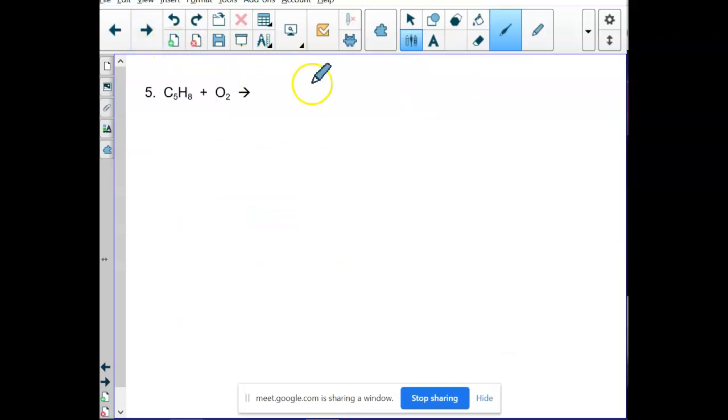Okay, number 5 then. Number 5 is the first time we've run into this kind. We haven't mentioned combustion. This is a combustion. There's nothing really to use on the chart for combustion, so you're going to have to memorize it.